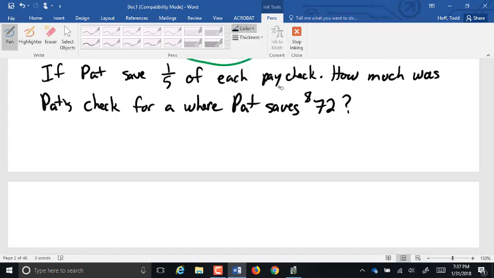Now, again, most of us can look at this and say, what would we do to find the answer? 72 times 5, exactly. But let's work at writing an equation for this.